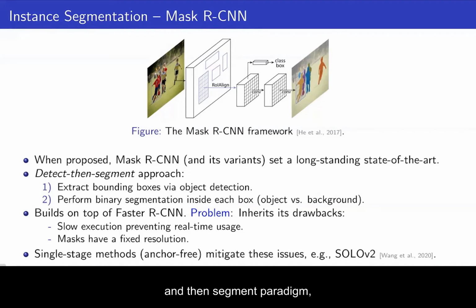So Mask RCNN follows the detect-and-then-segment paradigm, where we first extract bounding boxes for object detection, and then we perform binary segmentation inside each box. And as I said before, this builds upon Faster RCNN, so it also inherits the drawbacks of Faster RCNN. And this is slower execution time than the single shot methods. And the masks that we get from Mask RCNN methods also have a fixed resolution.